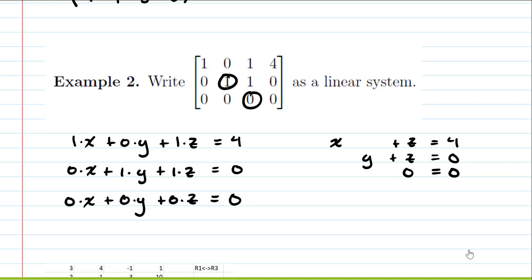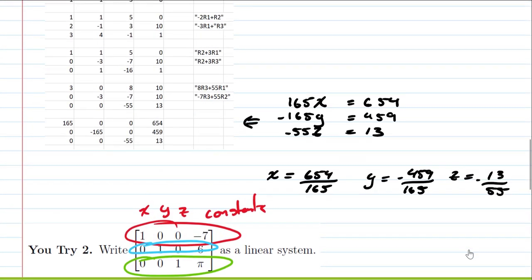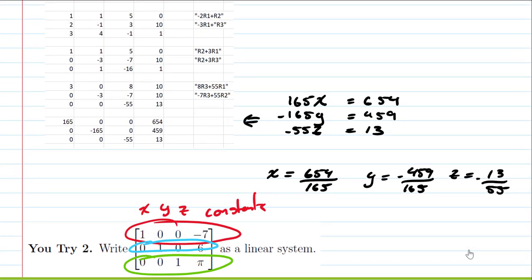In example 2, when I rewrote this as a system of equations, I ended up with an equation 0 equals 0. And we would end up with an infinite number of solutions. In this example that we did in Excel, when we had numbers on the main diagonal and zeros above and below, we got exactly one solution.